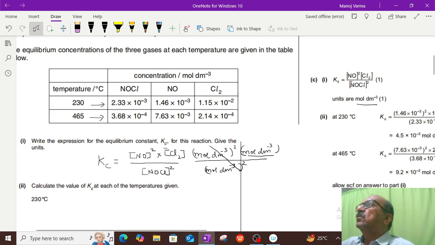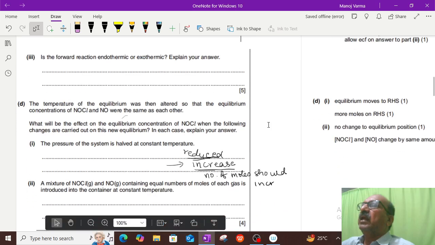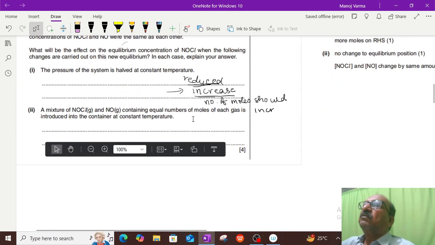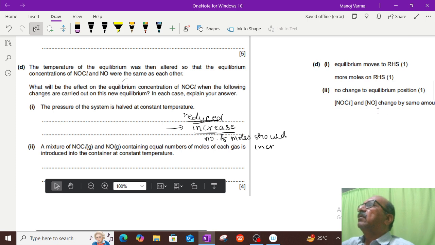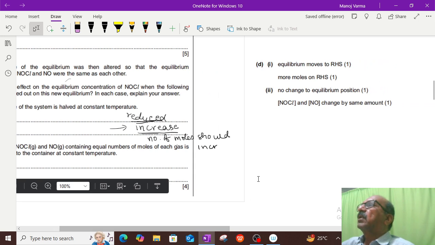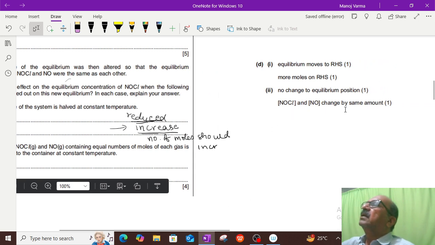So what is going to happen to the equilibrium concentration of NOCl? Because there are equal numbers and it's a form of a ratio, there will be no change in the equilibrium position, because the NOCl and NO change by the same amount. I think you understood this.